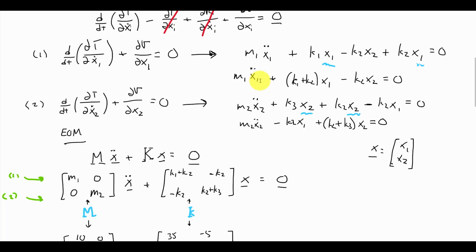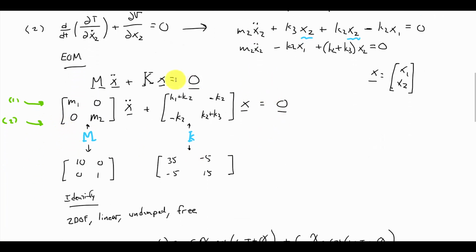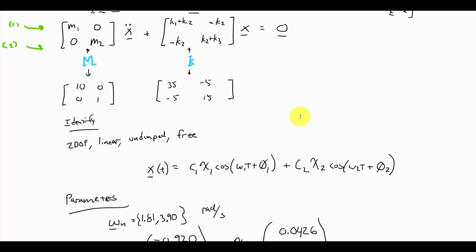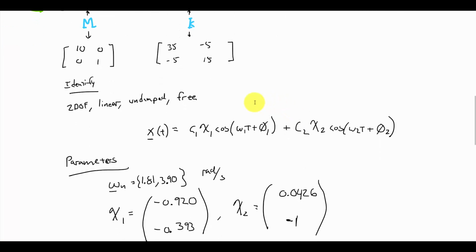These two scalar equations of motion I then combined into one matrix form of the equation of motion so that I could identify my mass matrix and my stiffness matrix, M and K. From the equation of motion, I could identify it as having 2 degrees of freedom, being undamped, and having free vibrations, and we know then what the general solution should look like.